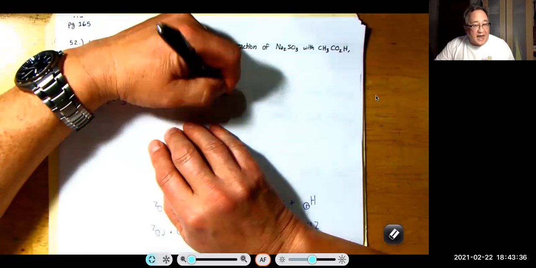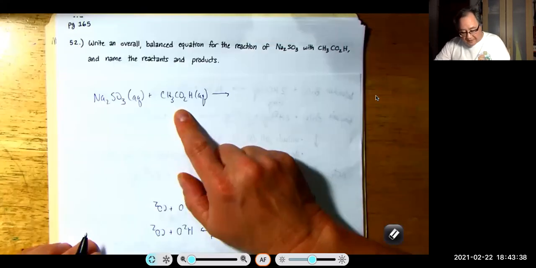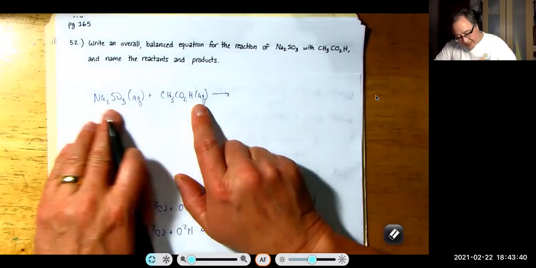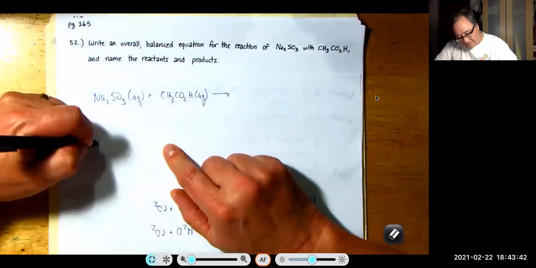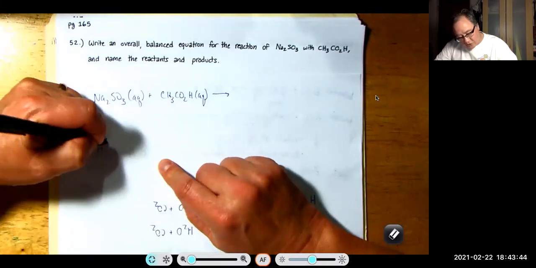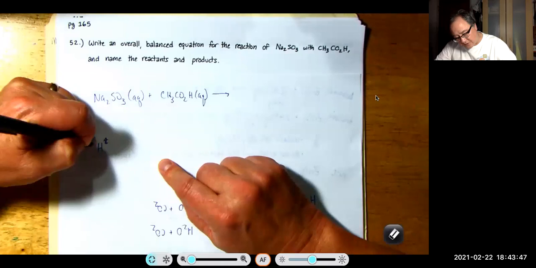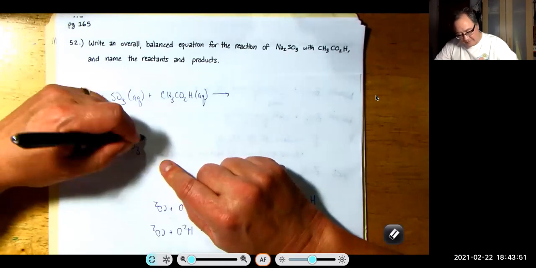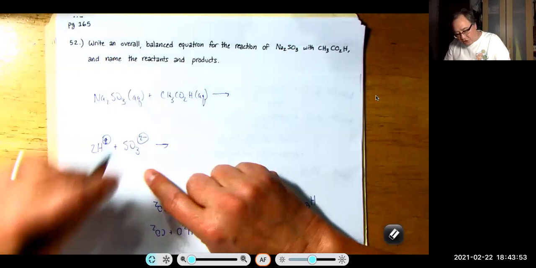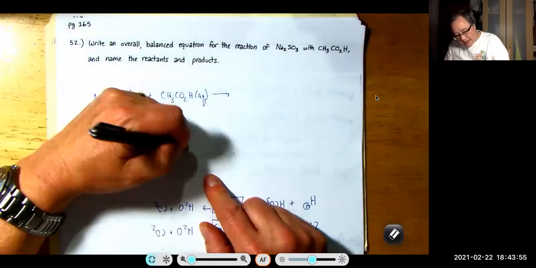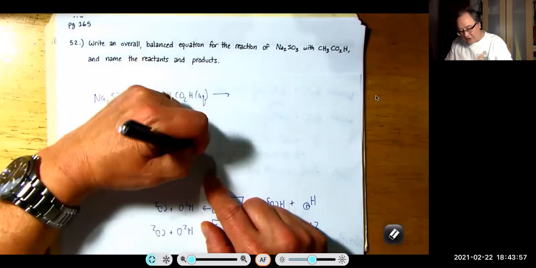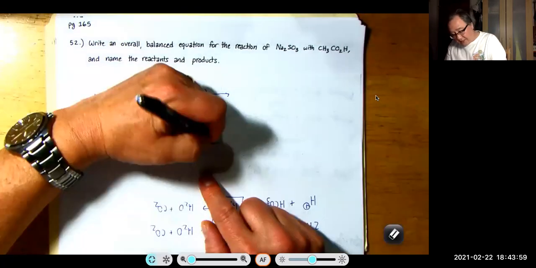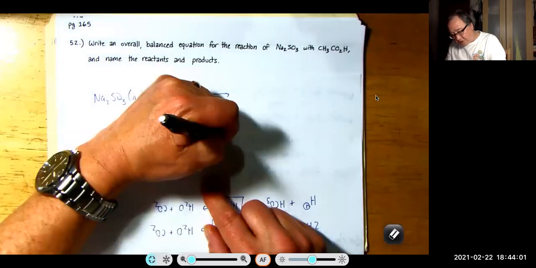And this is acetic acid. Now, the key to these reactions is that you have two hydrogens react with a sulfite, and you're going to get H2SO3, which splits apart into H2O and SO2.